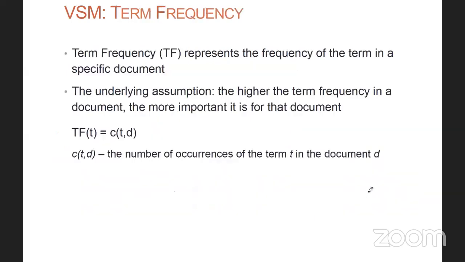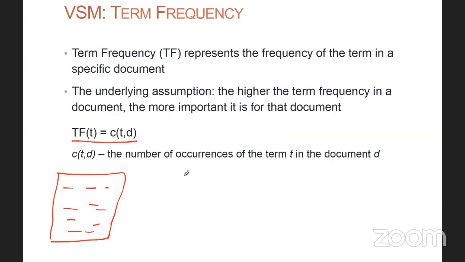Then the next one is term frequency, TF. The TF of a term t would be computed using this formula: count of the term in the document. Let's say this is my document, and a lot of text is there, and I want to find out the term frequency of a term called good. What we do is simply count how many times good has occurred in this document.